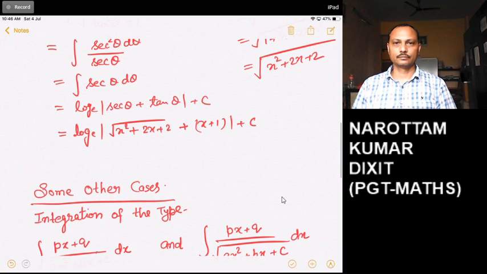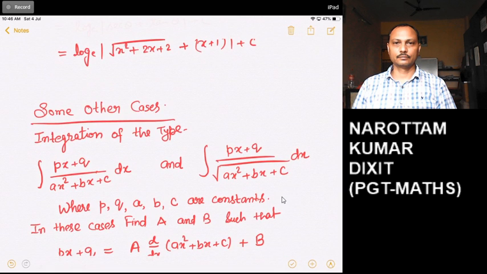Now I am taking some other cases, like if a linear polynomial is given in the numerator and a quadratic polynomial is given in the denominator, either in the square root or without square root.